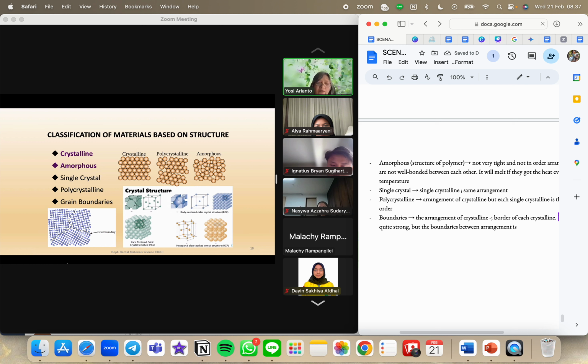So if there is hammering, a trauma, or heat, usually the one that will change first or be affected first is this grain boundary. Okay?